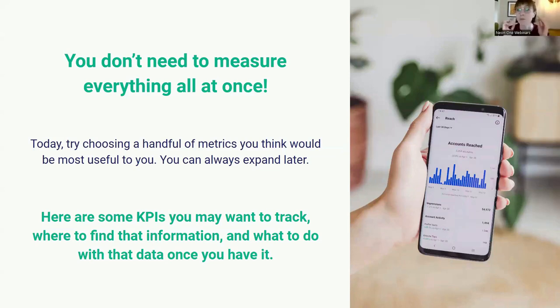So instead, I would really encourage you to choose a handful of KPIs that will answer questions you are already asking about your community and about your operations. Once you've gotten a feel for what it's like to measure those metrics, to pull that data, to look for trends, and to figure out what those trends are telling you, then you can start expanding your scope and start measuring more things.